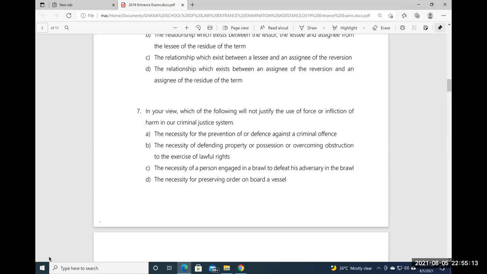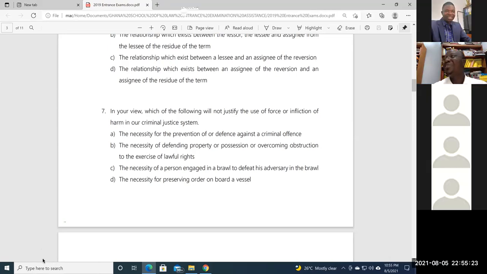Yes. So looking at the possible answers, I think it is C that resonates well with me. Okay, I think you've rushed to the answers, but good. But I was interested in you telling us the general position of the law first, as you have done.